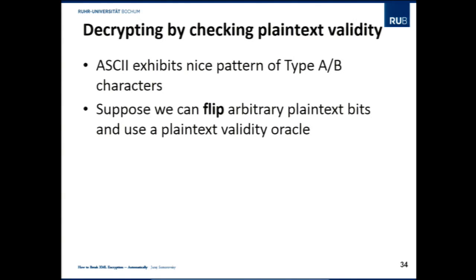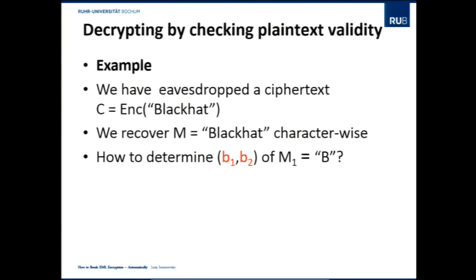Now suppose we can flip arbitrary bits in the plaintext without knowing the key, and we can use the oracle. So what can we do? We can flip the plaintext bits. Let me give you an example.